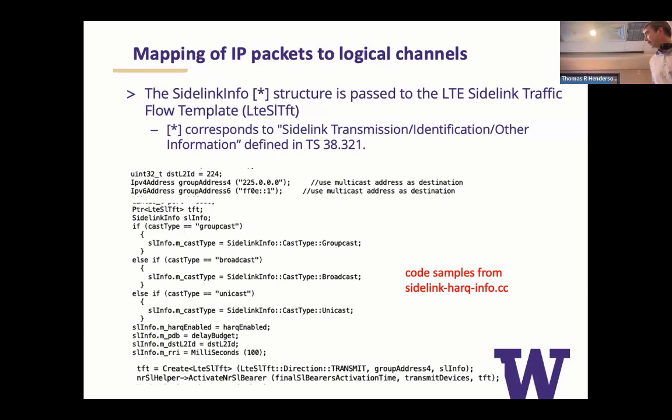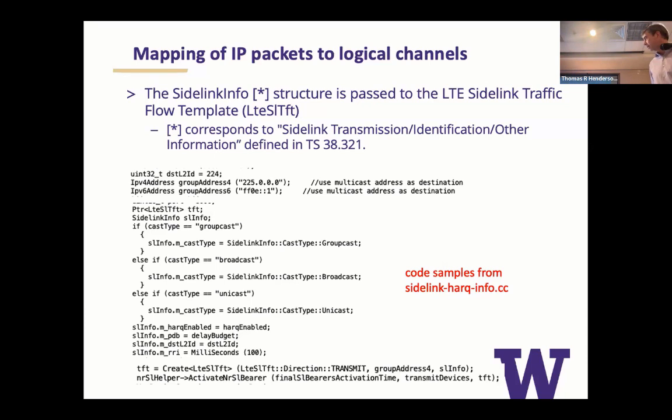And then in the stack, this type of information is propagated down through the layers, so that even at the scheduler level, it has a notion of what are the properties associated with the logical channels that are being requested for service. So you can see, for instance, here, by setting variables in the simulation program, you can say, I want groupcast, broadcast, or unicast.